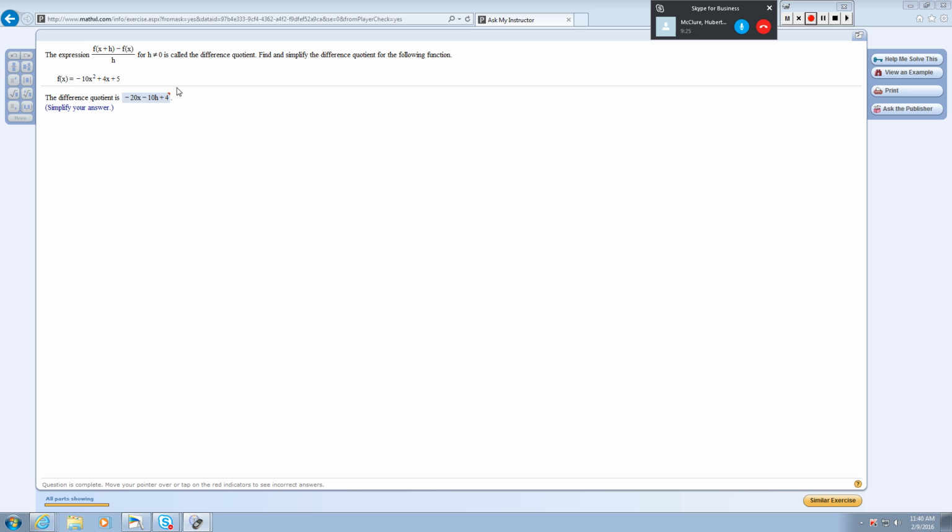And the normal vector represents the acceleration and the velocity of that particle in space. So with a lot of your physicists and a lot of your calculus applications in physics, you do need to find this, which in calculus you don't go through all of that algebra. You just say the derivative of negative 10x squared plus 4x plus 5 is negative 20x plus 4.